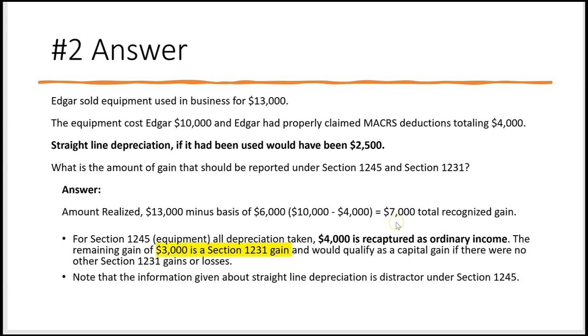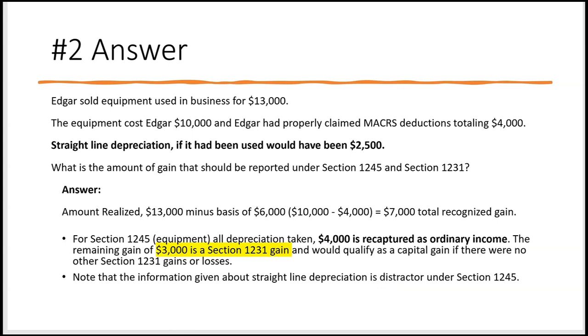So out of the $7,000 total recognized gain, $4,000, the amount of depreciation taken, is recaptured as ordinary income. The remaining gain of $3,000 is a Section 1231 gain. And once again, it would qualify as a capital gain if there were no other Section 1231 gains or losses. But the big news here is, note that the information given about straight line depreciation is a distractor under Section 1245.